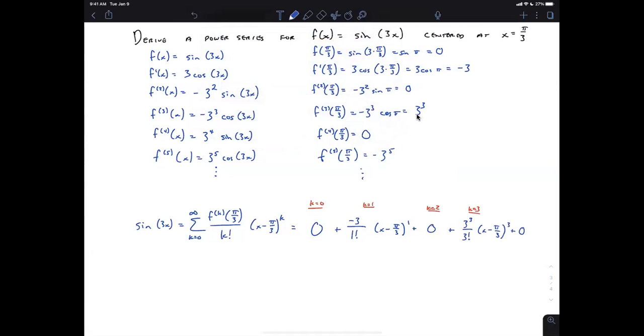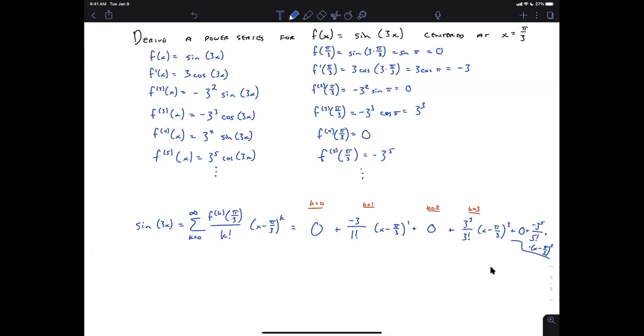K equals 4 gets us 0, and k equals 5 gets us -3 to the fifth over 5 factorial. And I'm going to shove this down here, x minus pi over 3 to the fifth. My bad, guys. So it's right there. Those two are multiplied together. Run out of room on the screen.